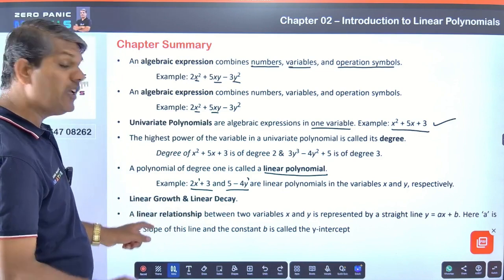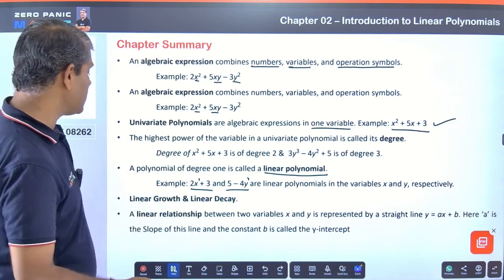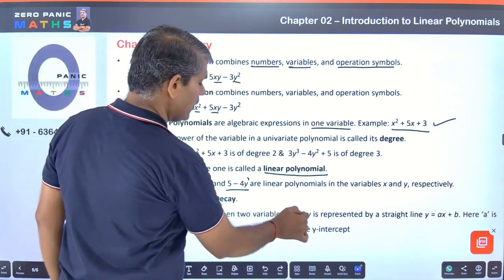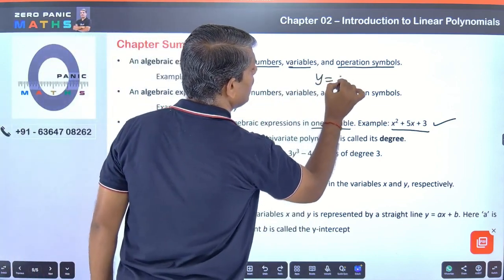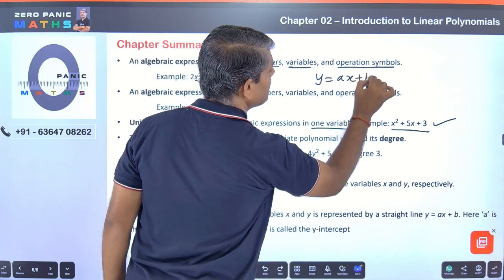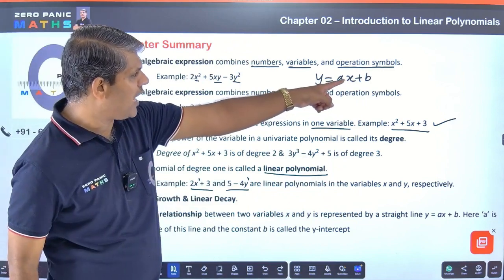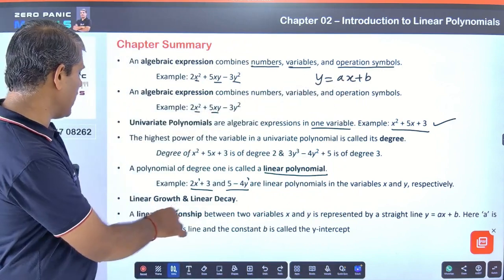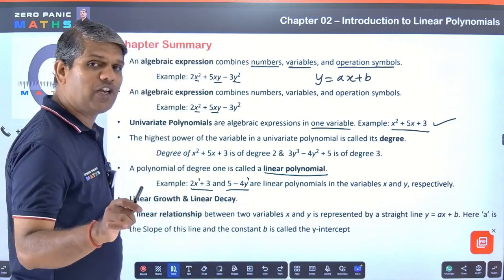And finally we have a specific video on linear relationship also. What is the relationship between the two variables x and y? If you consider y is equal to ax plus b as the generic form of the linear polynomial, what is the relationship between x and y? That defines the linear relationship, and we have a specific video on that also.